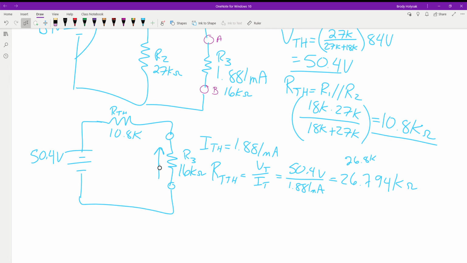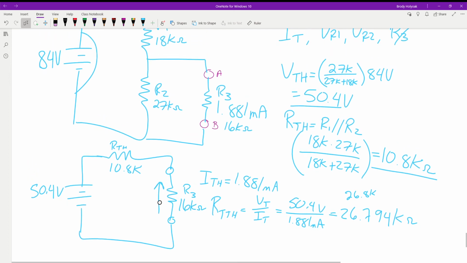So we end up with how much voltage across R3? How much? Okay.